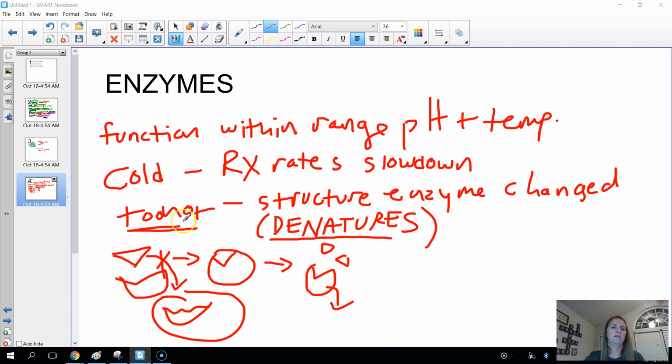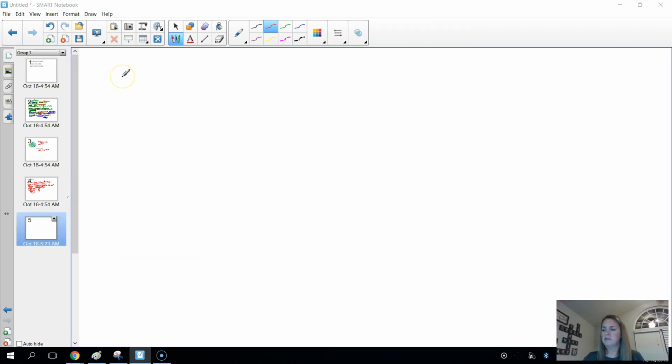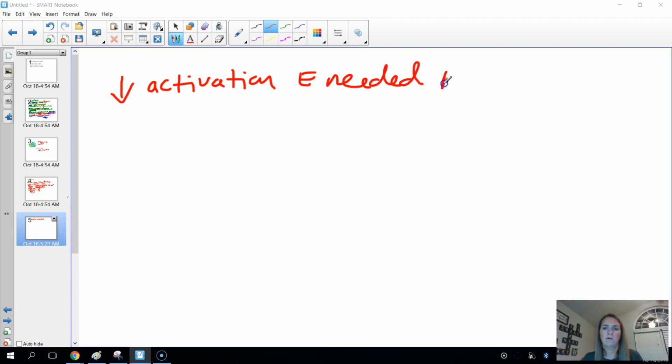Another thing we need to remember is that not only do they have this range within which they work, but we also need to know how awesome they are. One reason is that they lower the activation energy needed for reactions to occur, okay?